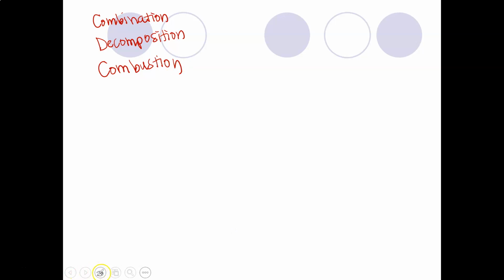And so I just wanted to list the types of chemical reactions we have learned so far. So we have learned combination, decomposition, combustion. Those are from chapter 3, so I'm going to change colors. They still count, I just want you to know where they came from.